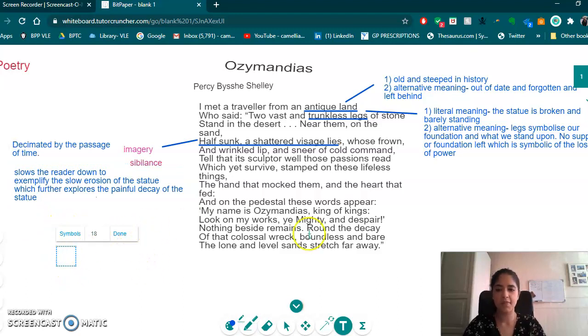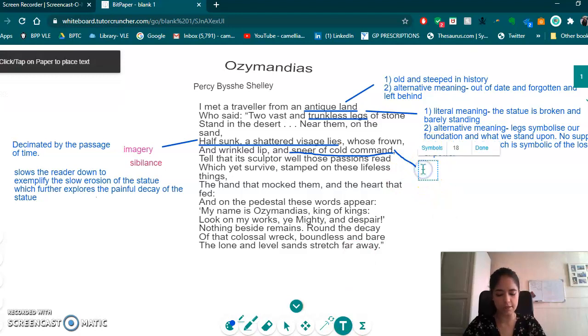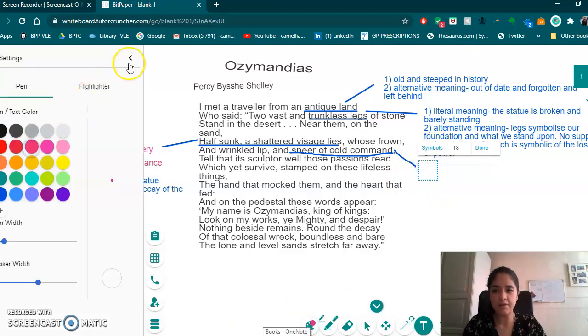Okay, then you have right here a wrinkled lip and sneer of cold command. Sneer of cold command. So here, what can you say? You can say, well, firstly, there is alliteration here.